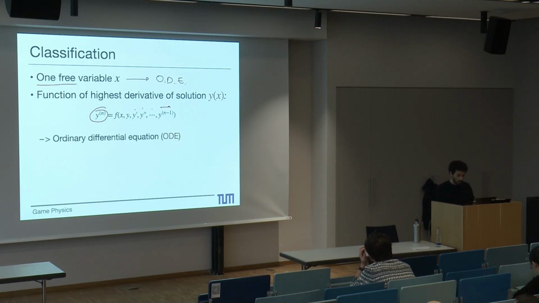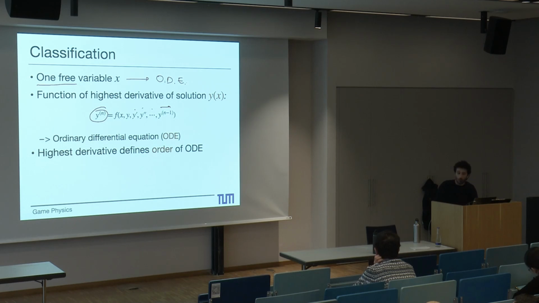This, as we mentioned, is an ordinary differential equation, and the highest derivative here, n, is what defines the order of the ODE. So in the previous problem, we have a second order ODE because we were writing y second as a function of x, y, and y prime, right?